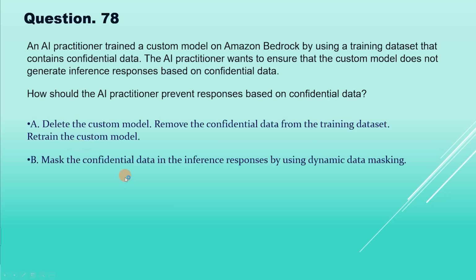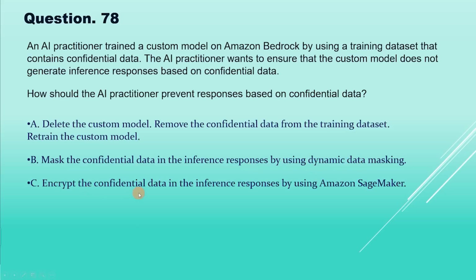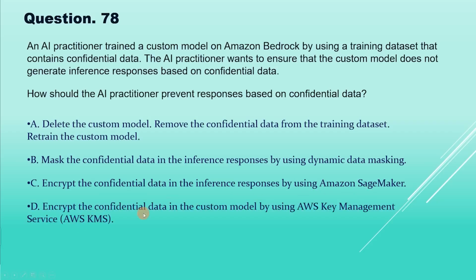Option B, mask the confidential data in the inference responses by using dynamic data masking. Option C, encrypt the confidential data in the inference responses by using Amazon SageMaker. Option D, encrypt the confidential data in the custom model by using AWS Key Management Service, that is AWS KMS. Try to guess the correct answer.